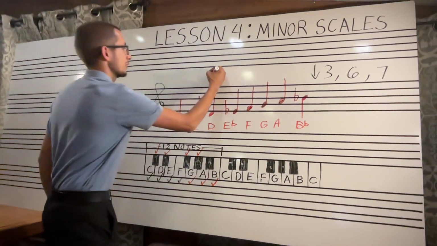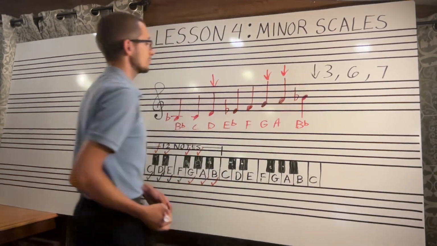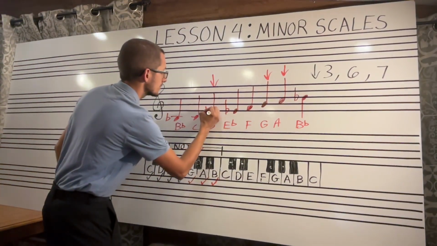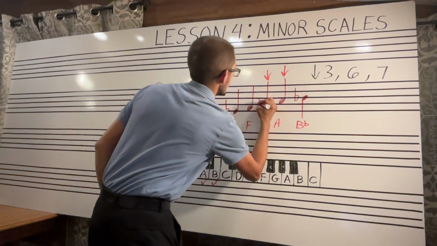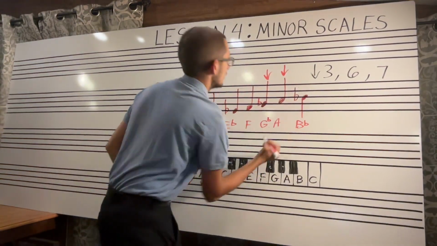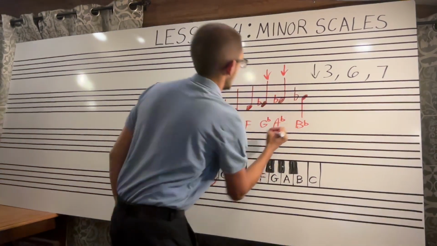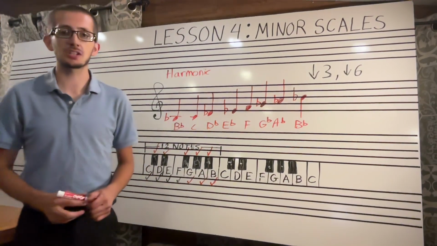Now let's lower the 3rd, 6th, and 7th notes of the scale. D down a half step becomes a D flat. G down a half step becomes a G flat. A down a half step becomes an A flat. So that takes care of all of our natural minor scales.